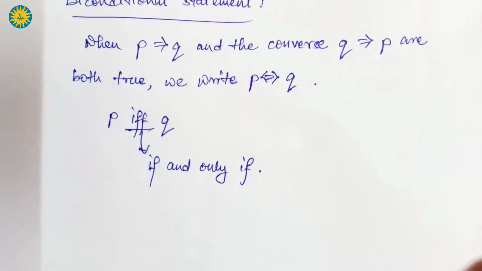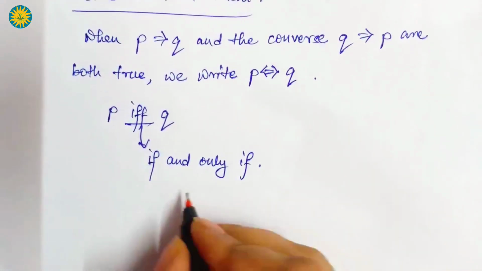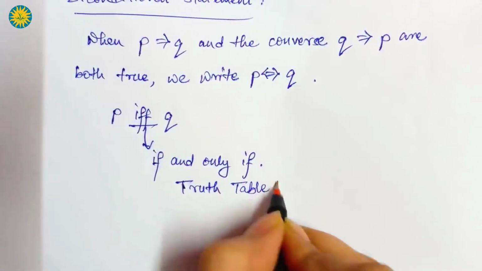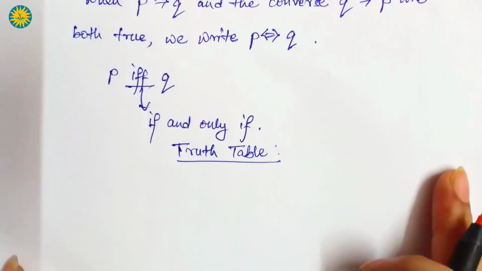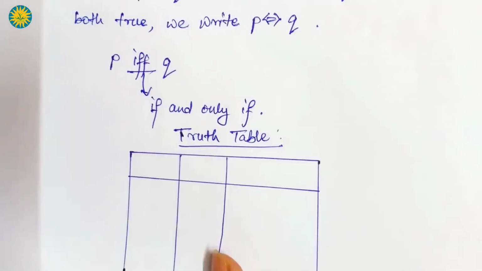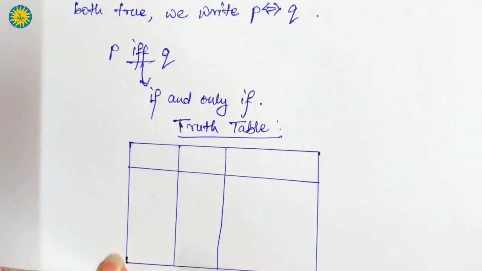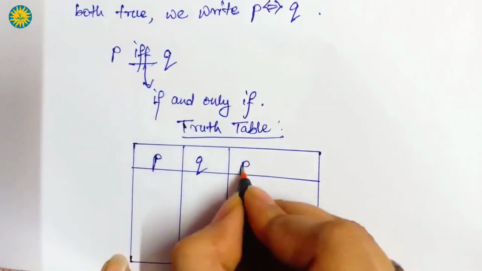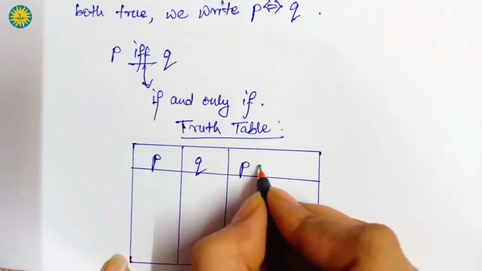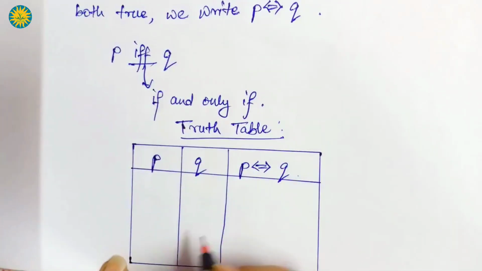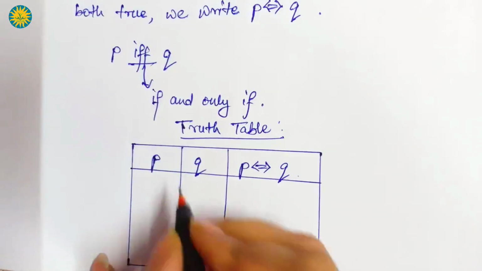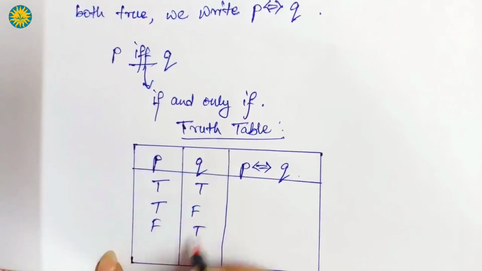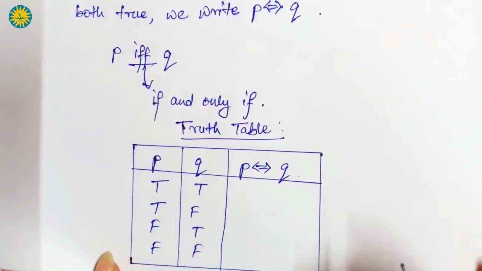Now we will draw up a truth table for the biconditional statement. In a similar way, we will make the truth table with 3 columns: P, Q and P implies and implied by Q. Here also there are 4 cases: true, true; true, false; false, true; and false, false.